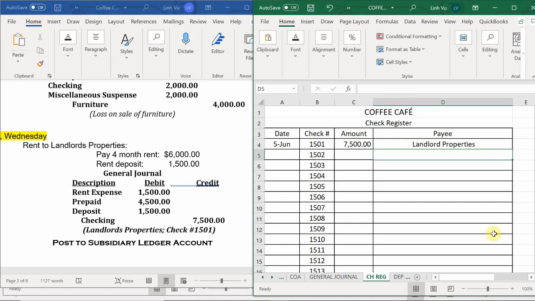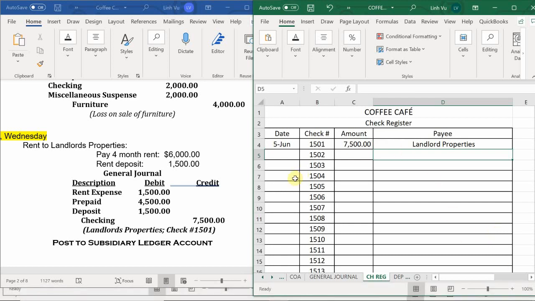But for you, if you need to have it, then go ahead and have it, because that's what a checkbook does. You have this section where you can fill out when you wrote it, how much, who you wrote it out to, and why you wrote it out for. Then go ahead and create another column for the reason why. But in this case, I don't need to do it.